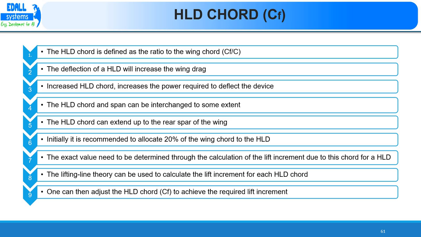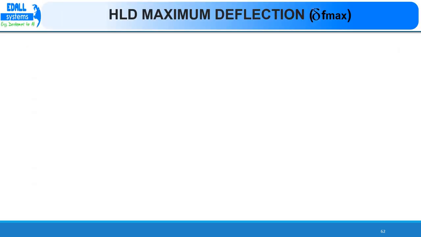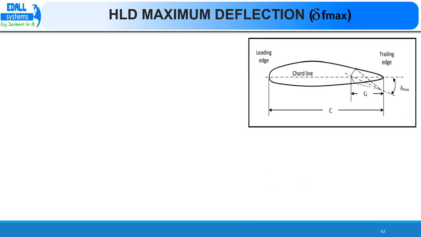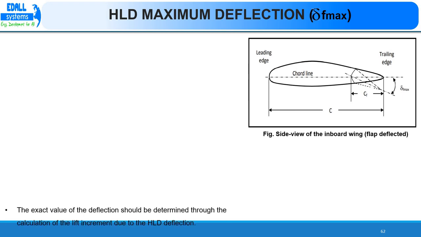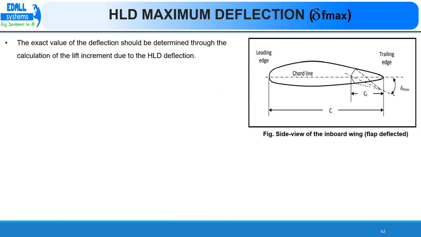The high-lift device chord CF can be adjusted to achieve the required lift increment. The figure shows side view of inboard wing flap deflection. Value of deflection must be determined through the calculation of lift increment due to high-lift device deflection.